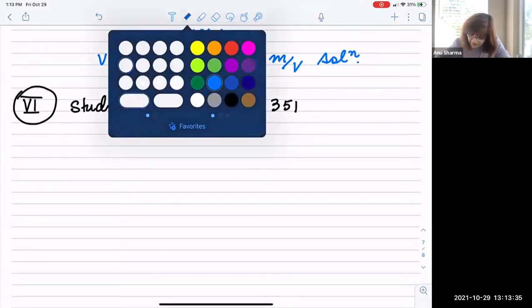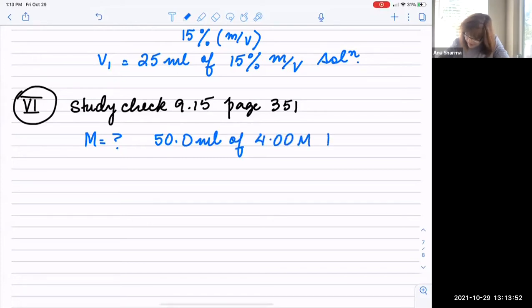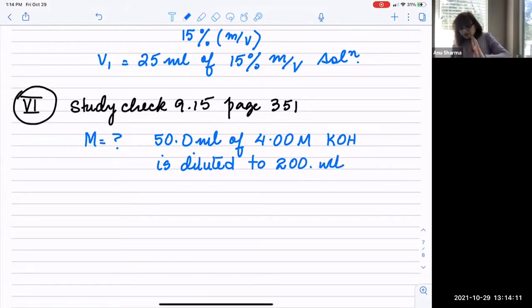You need to find the molarity of a solution when 50.0 milliliters of 4.00 molar KOH solution is diluted to 200 milliliters.